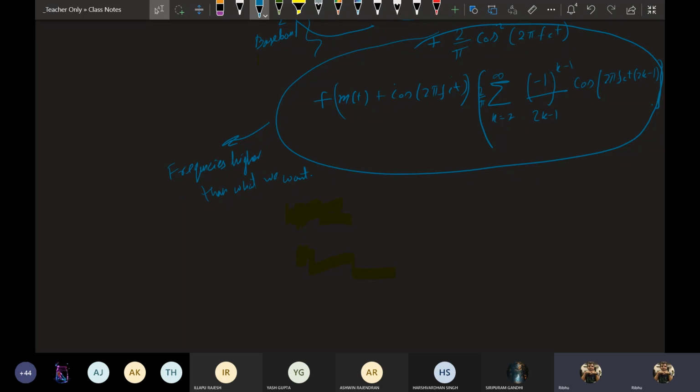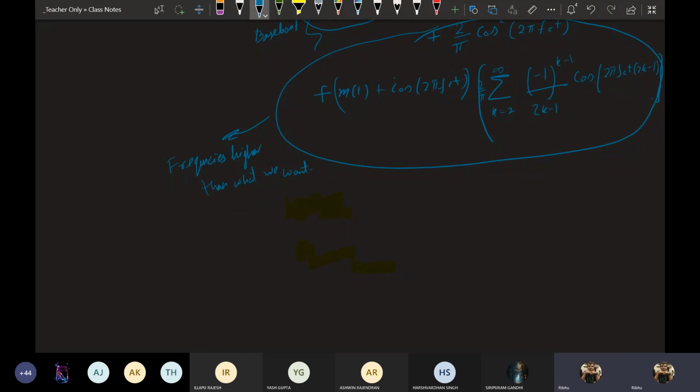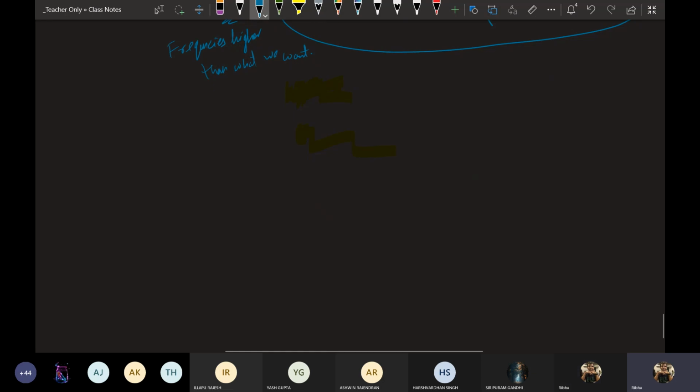So I'll just paste the band pass filter from last year's notes. Has it come on the screen?